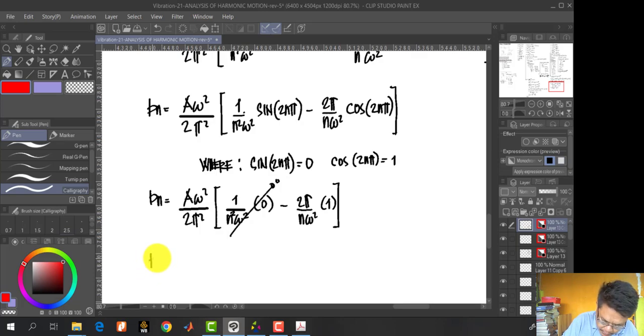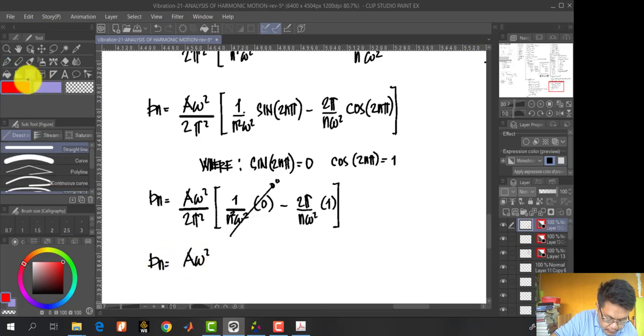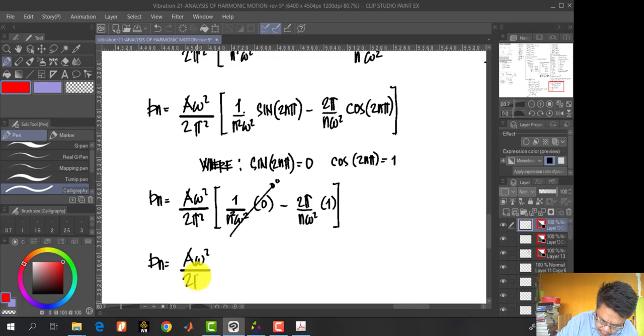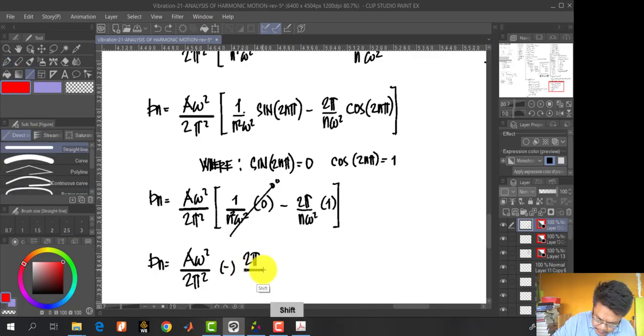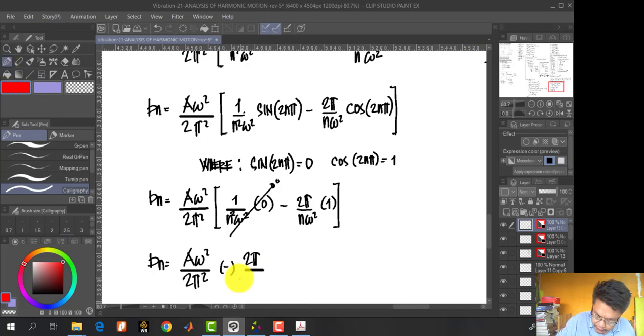So I can rewrite b sub n. Multiply it here by angular squared, all over 2 pi squared. Notice this is a negative one, so negative, and that will be 2 pi, n angular squared.